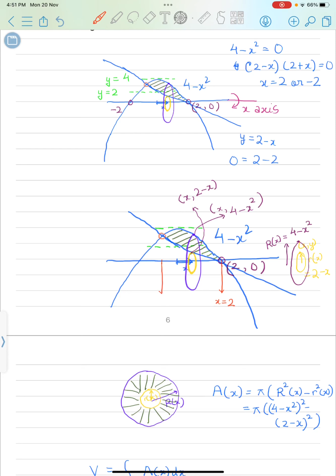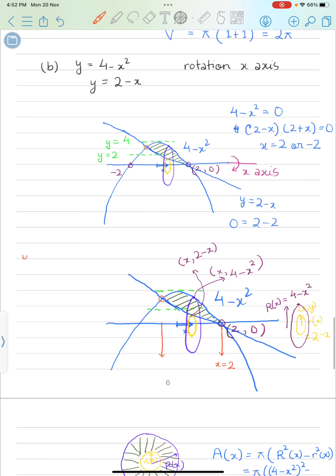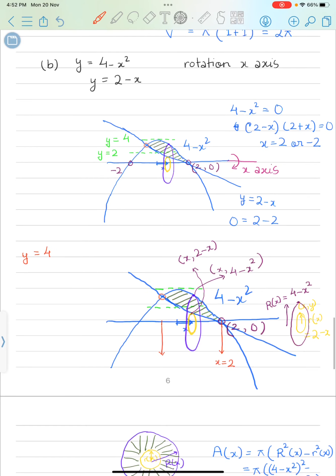What is this point? Okay, to find that we have to solve the equation. Let's say this point is x naught, and the corresponding point is y naught, (x naught, y naught). Since it's lying on both the graphs, y naught is equal to 4 minus x naught square, and y naught is also equal to 2 minus x naught. So 4 minus x naught square is equal to 2 minus x naught. So x naught square minus x naught minus 2 is equal to 0.